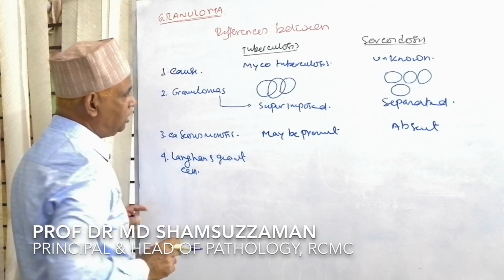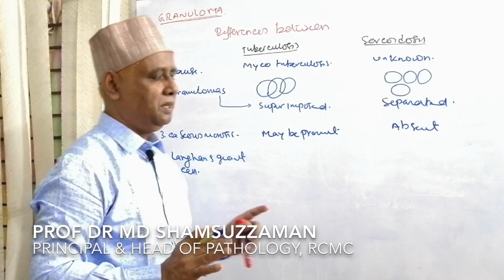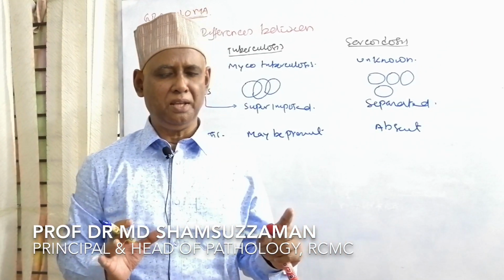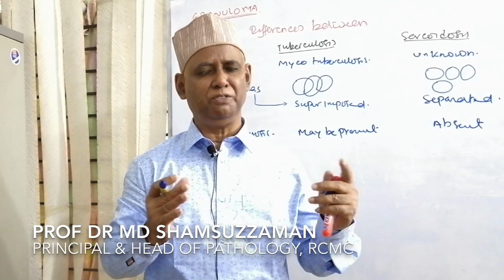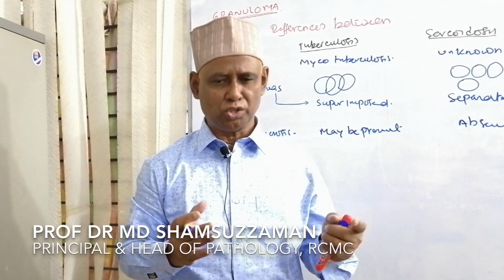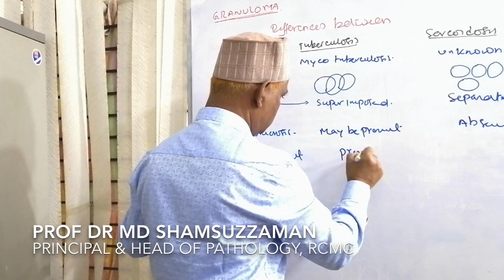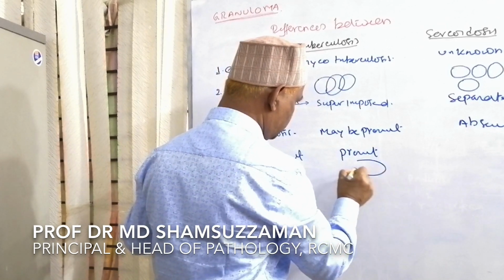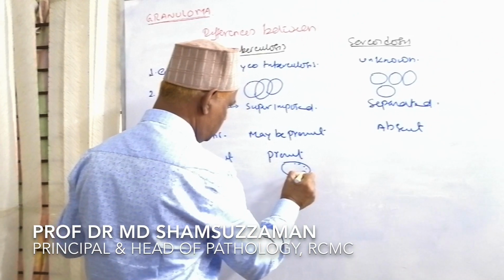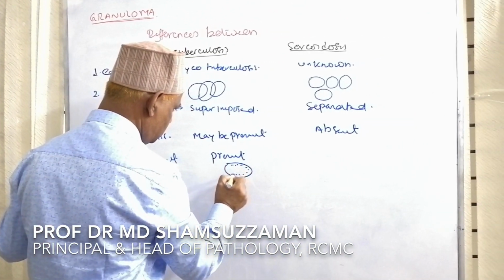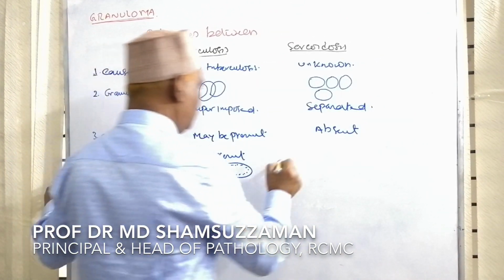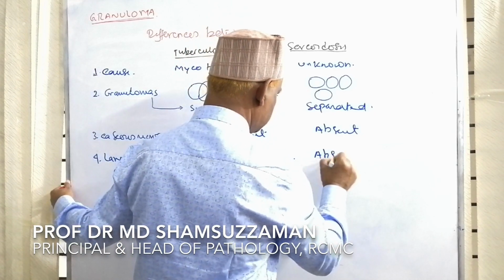You know, a Langerhans giant cell is a large cell containing multiple nuclei arranged at the periphery of the cell like a horseshoe. It is present in tuberculosis, but it is absent in sarcoidosis.